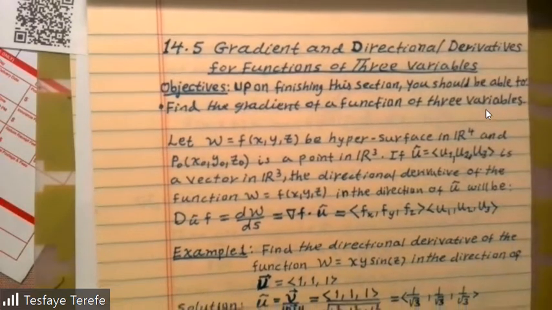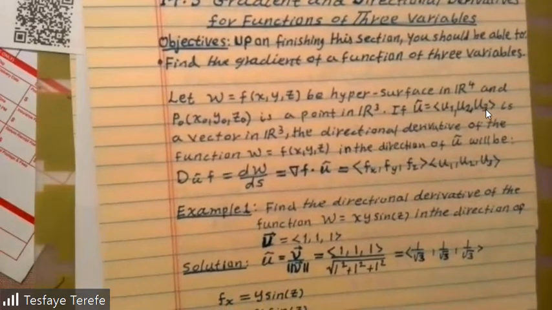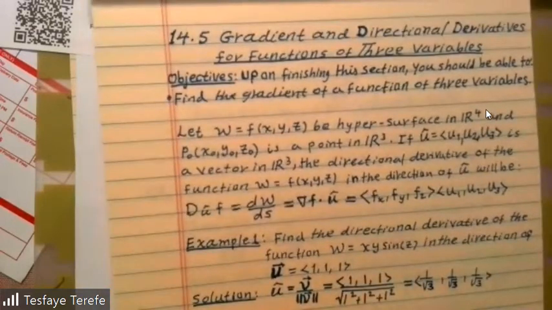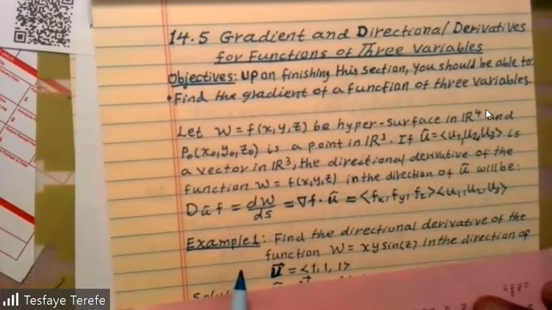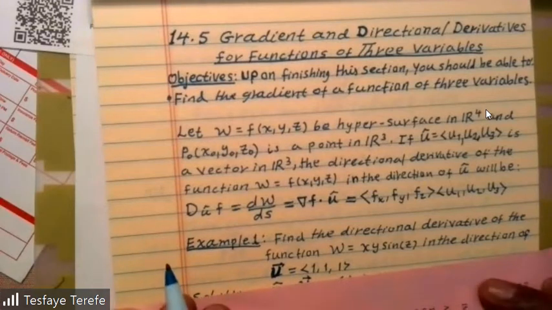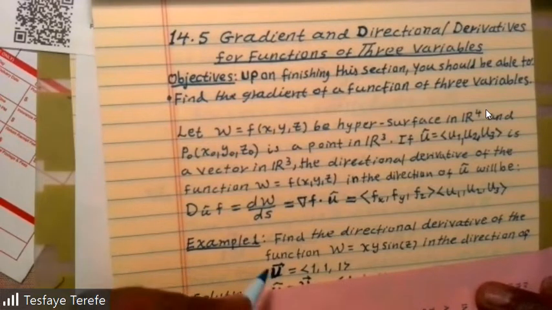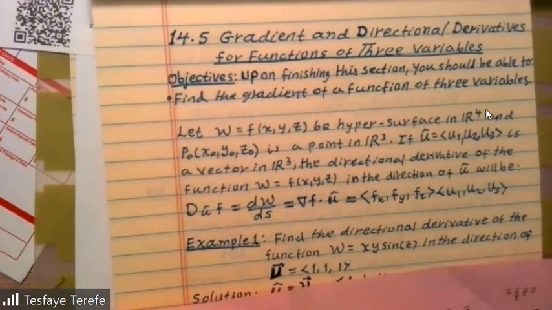It's obvious, it's the extension, you can really handle it. So what I'm asking you is to find the directional derivative of the function w, which is given by x y sine of z, in the direction of vector v, which has the components 1, 1, 1. Go ahead. I mean, you can handle it very easily.